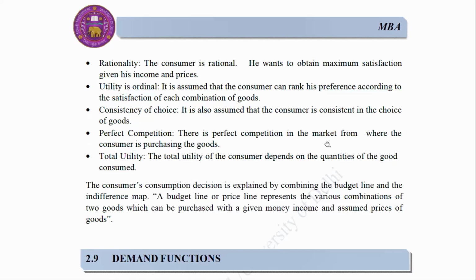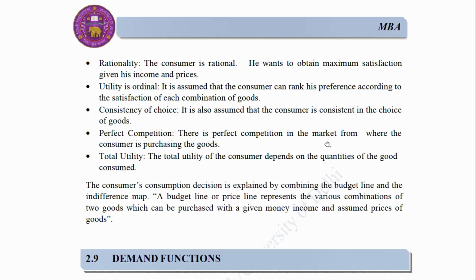Third, consistency of choice. It is also assumed that the consumer is consistent in the choice of goods. Fourth, perfect competition. There is perfect competition in the market from where the consumer is purchasing the goods. Fifth, total utility. The total utility of the consumer depends on the quantities of the goods consumed.